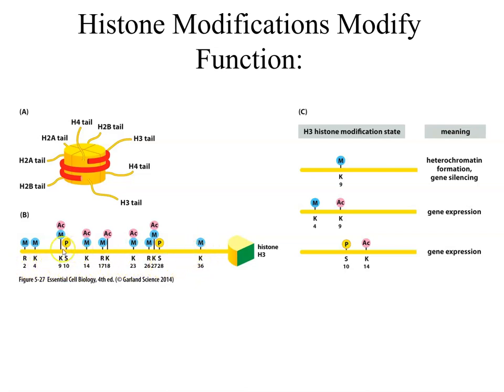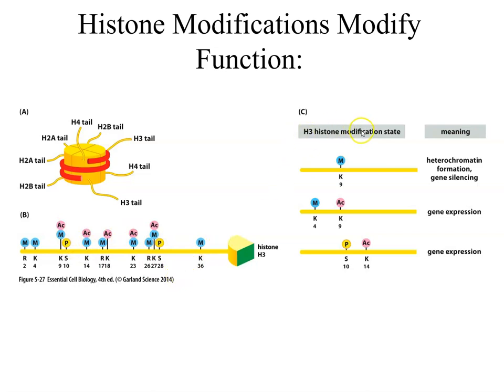So that's the position in the protein. This is where it's happening, typically on the end, on the tail, not necessarily the core of the protein. And here we have typically acetylation happening in purple, methylation, even phosphorylation in gold here. So these are some of the common modifications that can happen.